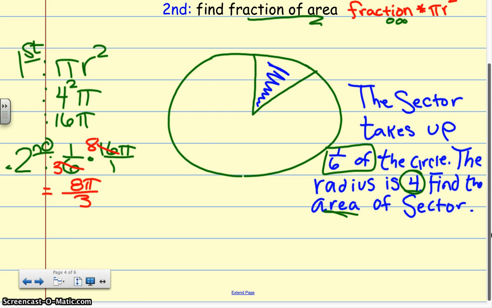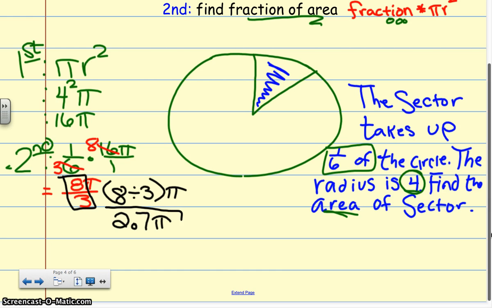How they're going to simplify that for you with your work, they're going to do 8/3. Convert that into a decimal. When I convert that, all I'm hitting in my calculator is 8 divided by 3, and then I'm just putting the pi symbol. So 8 divided by 3 is 2.6 repeating, so I'll round that to 2.7 pi. So the area of my sector is 2.7 pi.